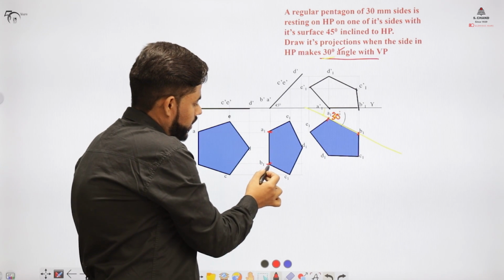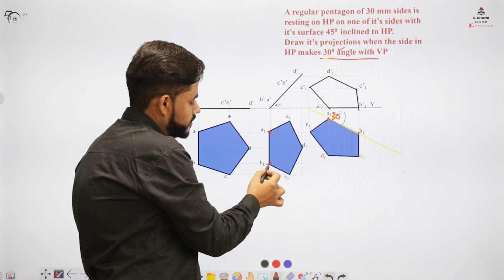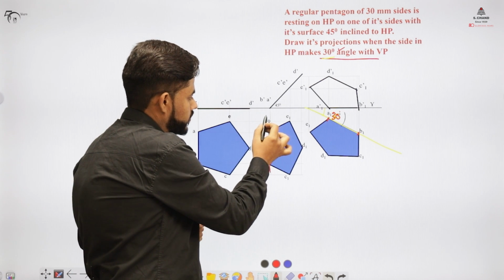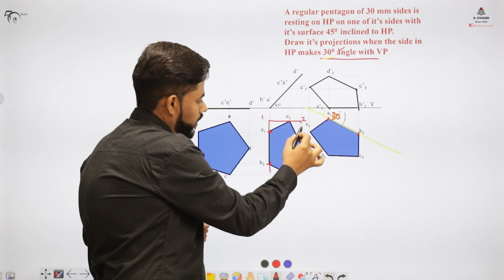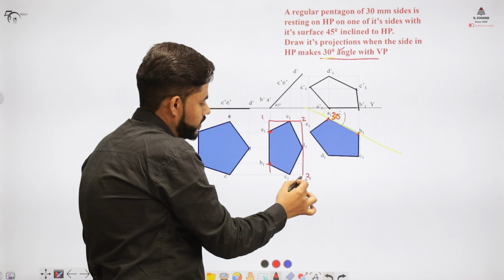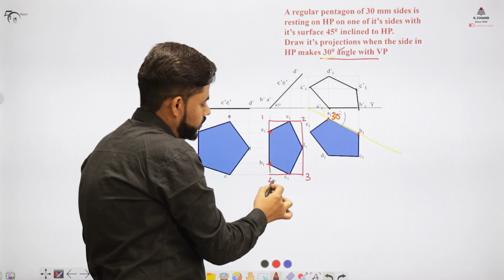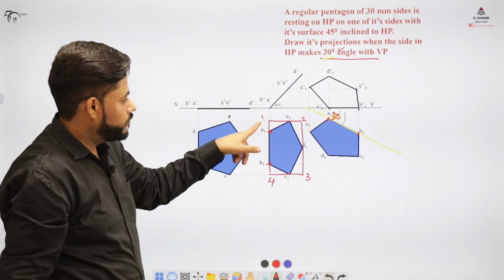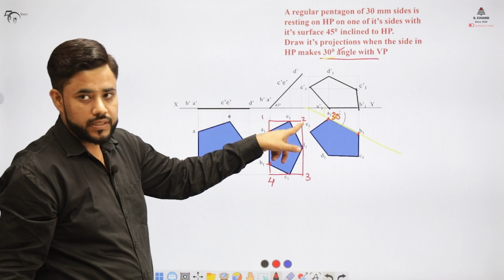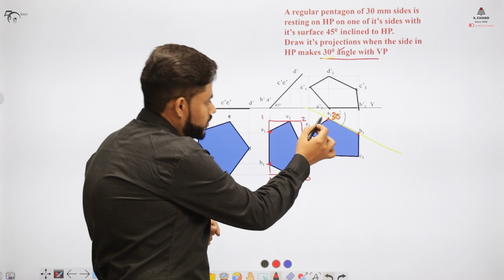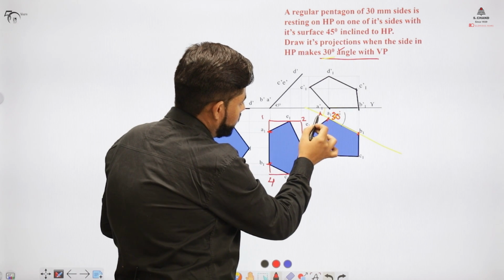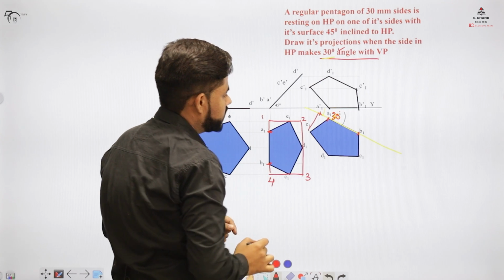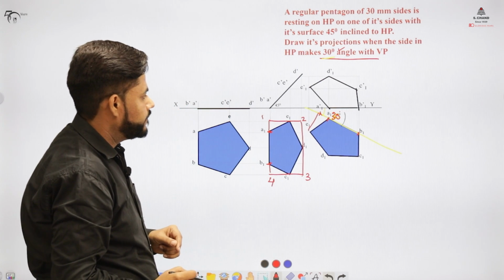Now this part has some projections like this one and this one. So I name this point as 1, this as 2, and then this point as 3 and this as 4. So from 1 I'll open the compass and cut this distance as 2. So from this 1 I need to open the compass and mark some distance, correct?